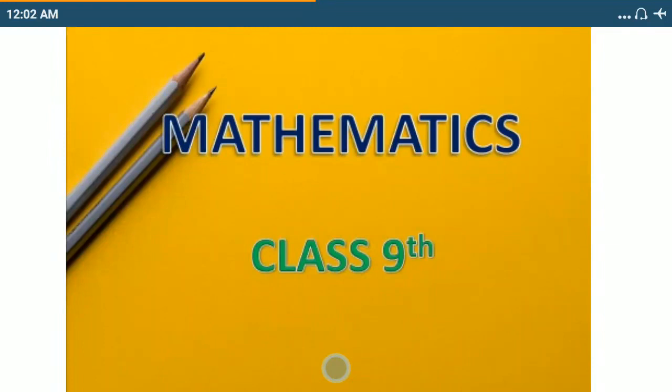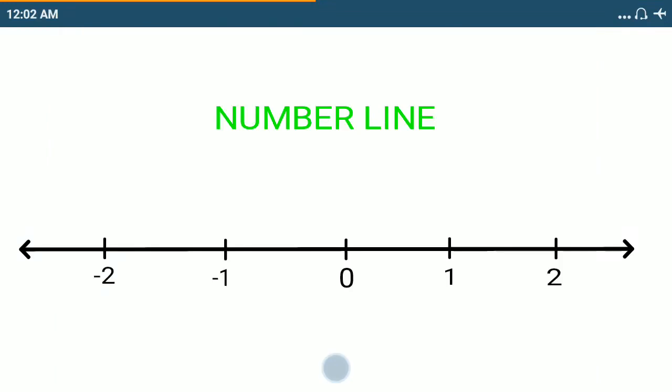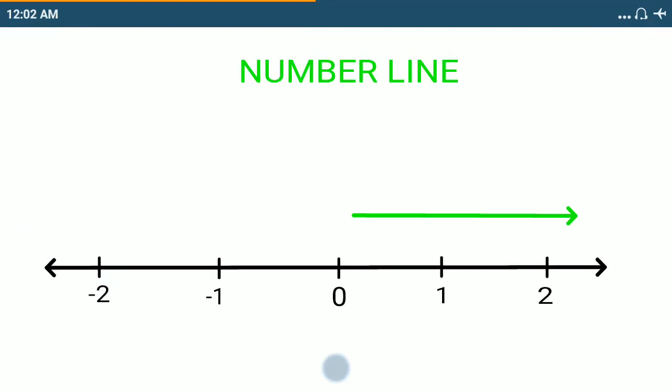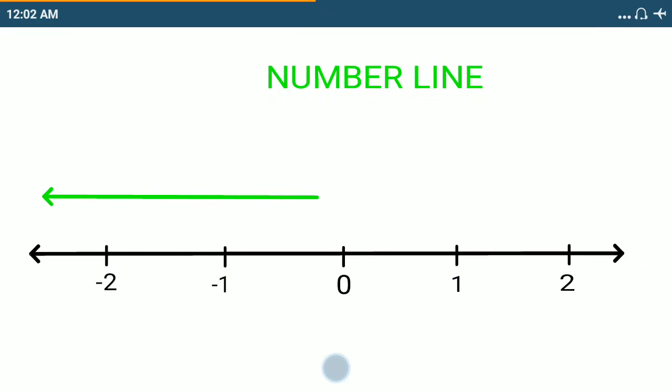Students, a number line looks something like this. The positive integers are represented towards the right of 0 and the negative integers are represented to the left of 0.